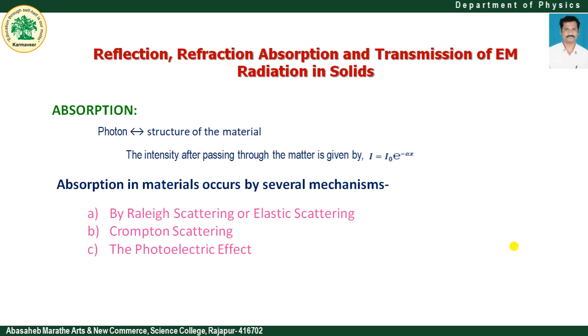Now let us talk about absorption. Here the interaction is between the photon, that is the electromagnetic radiation, and the structure of the material. When radiation is incident on the surface of the material, the portion of the beam of electromagnetic radiation which is not reflected is either absorbed or transmitted through the material.